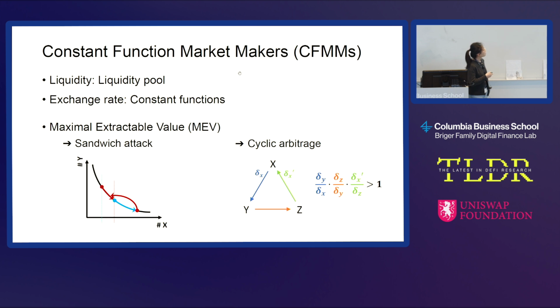In addition, the exchange rates of different DEXs, different CFMs, may be inconsistent. For example, suppose there are three DEXs. The blue one is for the exchange between token X and Y, the orange one is for Y and Z, and the green one is for Z and X. If the product of the exchange rates is greater than 1, then with some initial delta X, the arbitrager will receive more X after these cyclic exchanges.